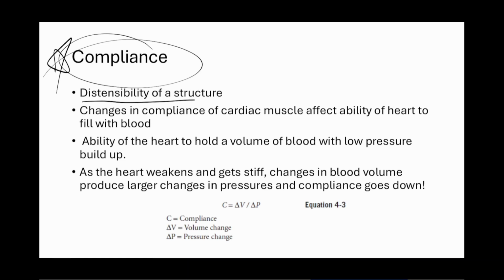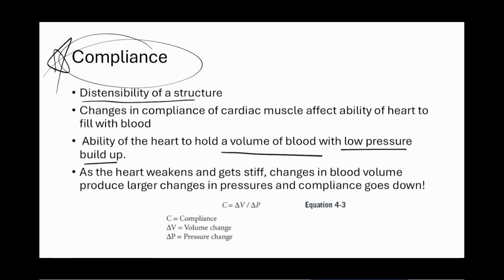It's the ability of the heart to hold a volume of blood with low pressure buildup. We can hold on to the blood, but still have a low pressure. Why? Because the heart is compliant. It can accept and get bigger when a bigger amount of blood comes into it.